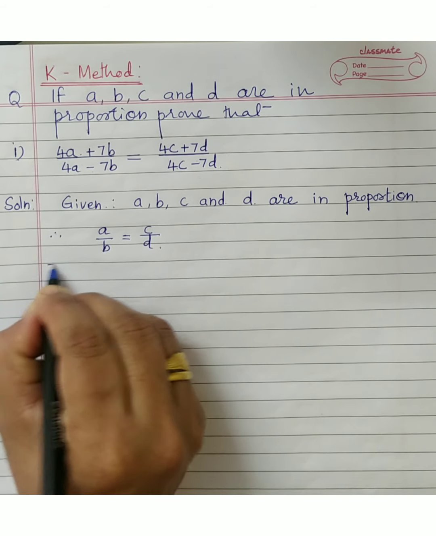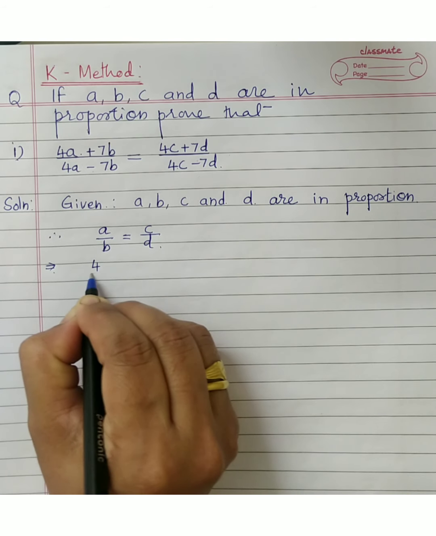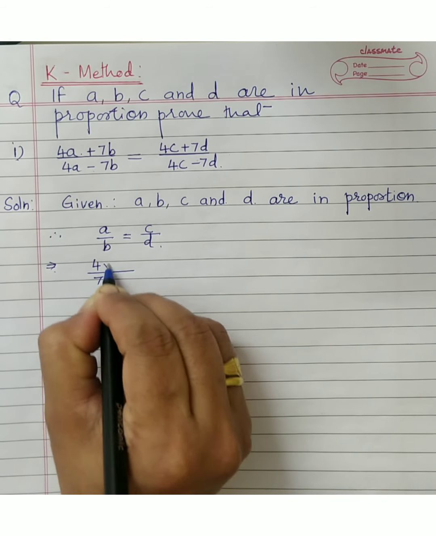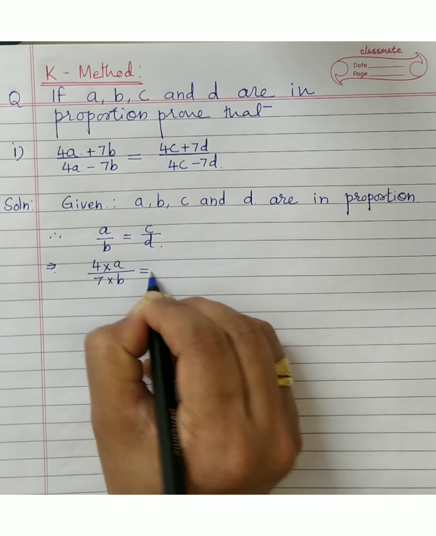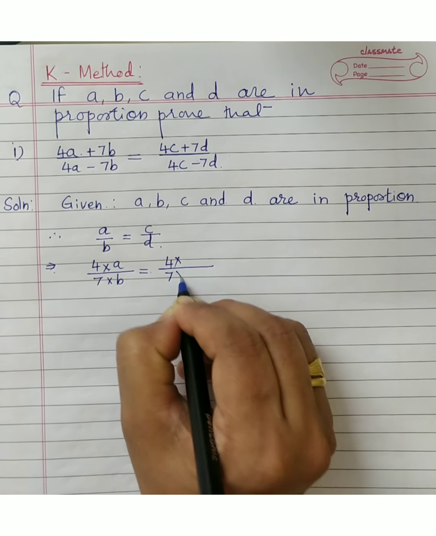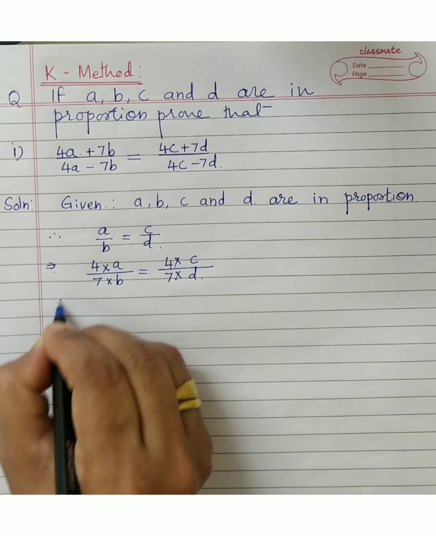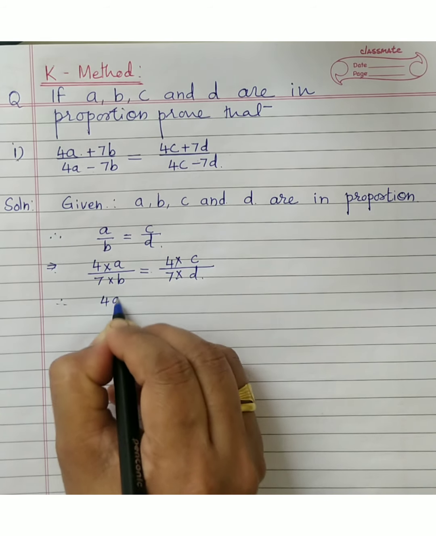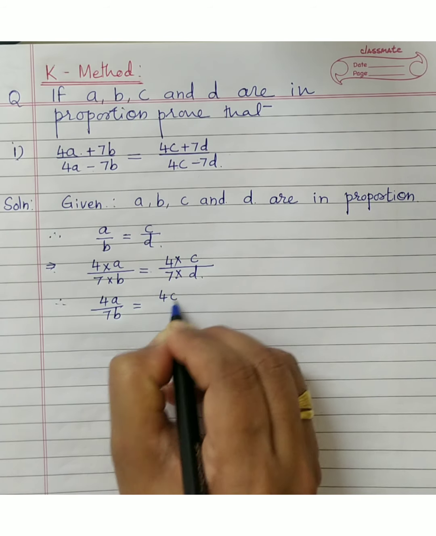So both sides you will multiply by 4 upon 7. Why 4 upon 7? If you look at the question, you will be clear. I do the same on the other side also, so c upon d. The resultant fraction is 4a upon 7b equals 4c upon 7d.